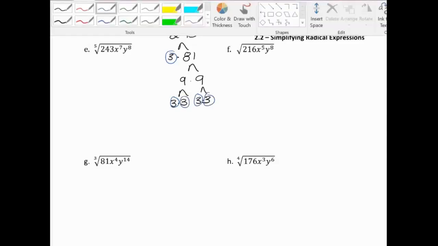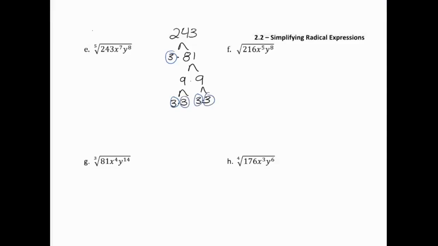That means that my prime factorization is 3 times 3 times 3 times 3 times 3. All right. So for this one, my index is 5, which means we're going to be making groups of 5. So let's take a look at that. So I have 3 times 3 times 3 times 3 times 3 times x to the 7.